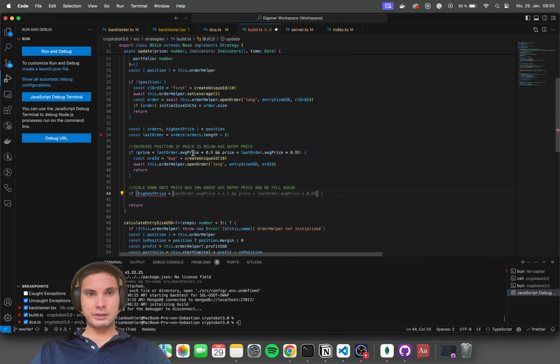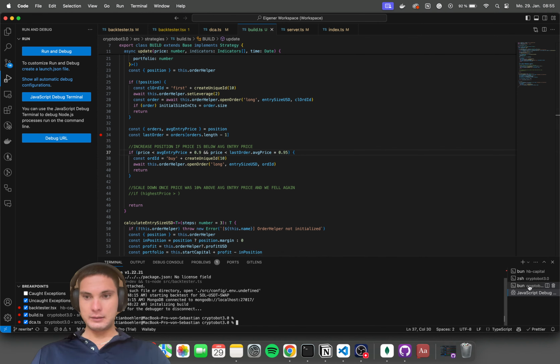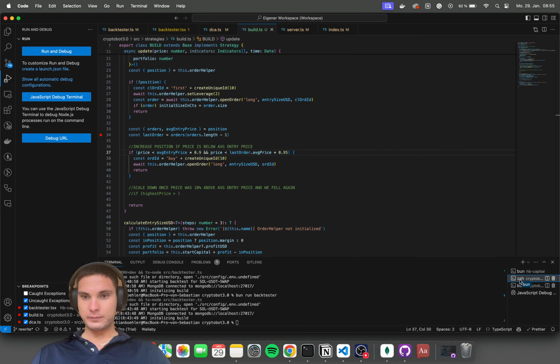This is wrong here. Now I guess I understand why this worked. So that didn't work. This of course should be the average entry price. No. This did not. Oh yeah.